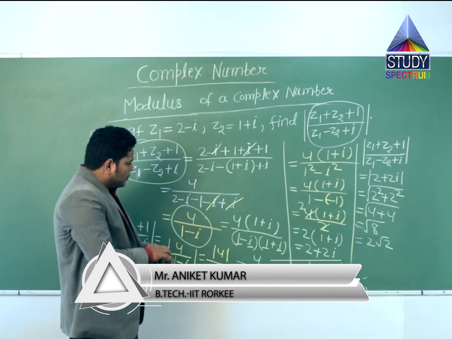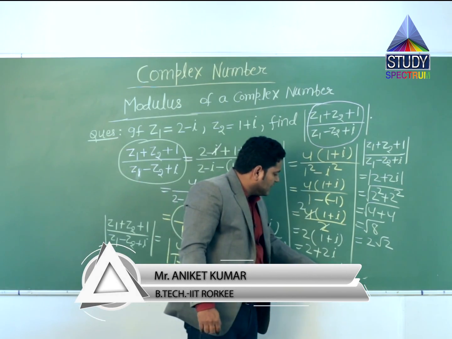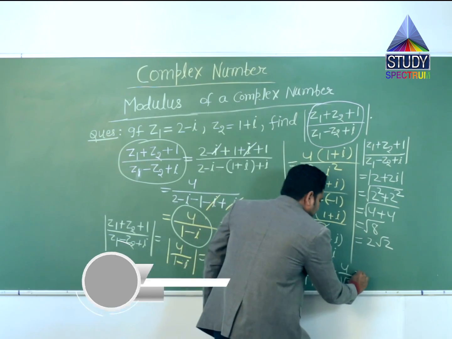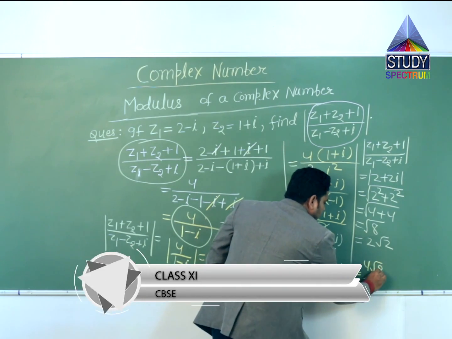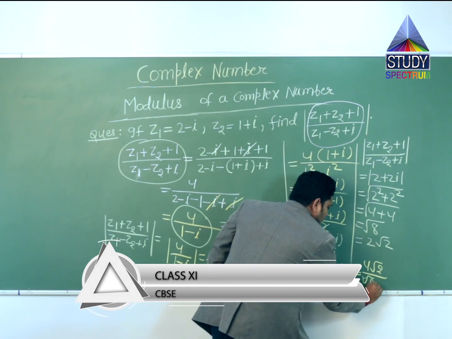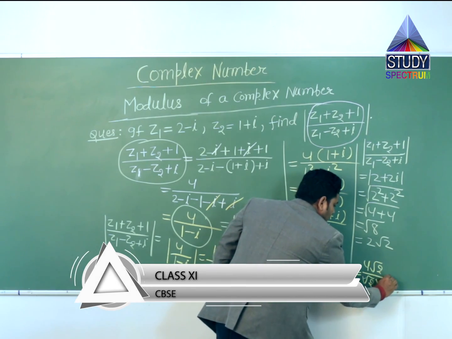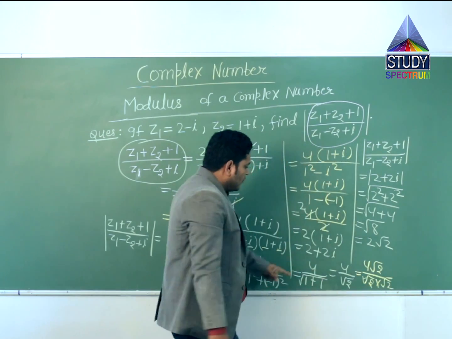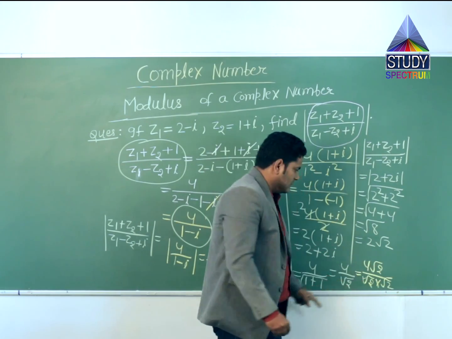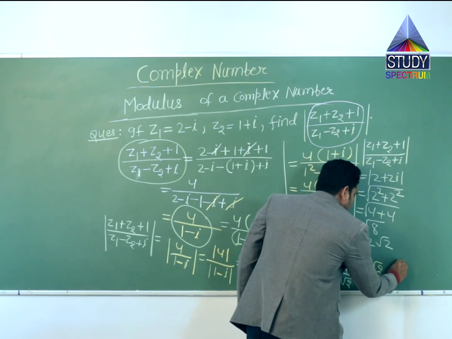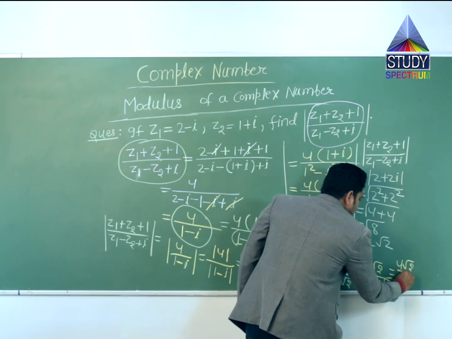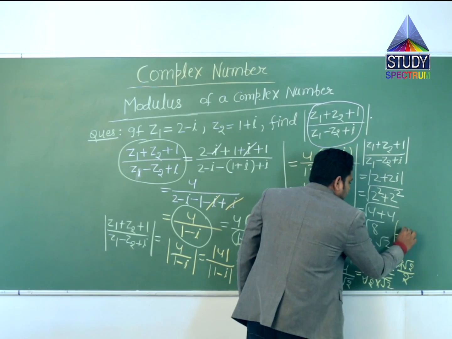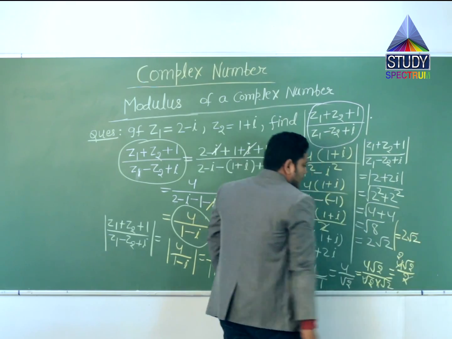Okay. So we can also multiply root 2 in the numerator and denominator. So we can write here 4 root 2 upon root 2 into root 2. Got it? Or you can write 4 root 2 upon 2, 2 twos are 4, so the answer will be 2 root 2.